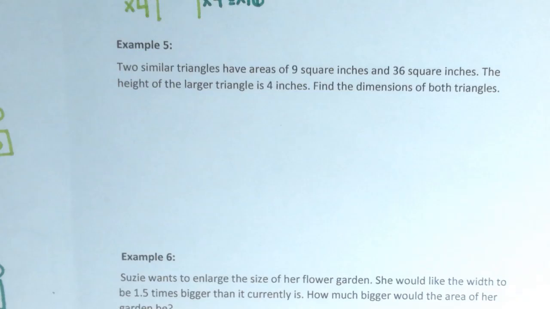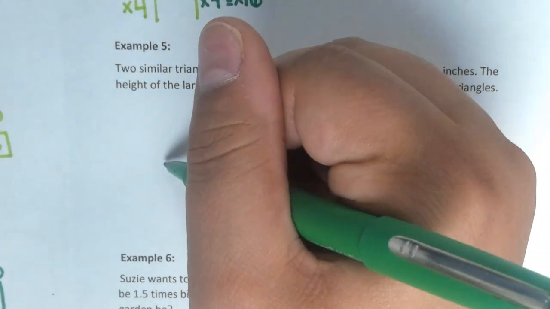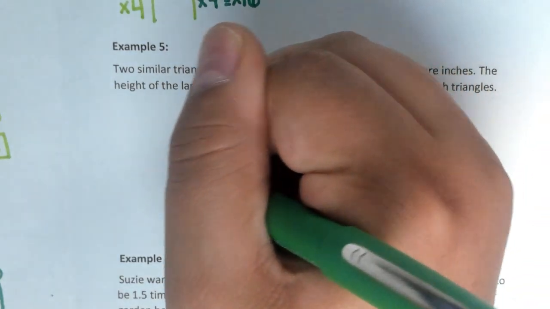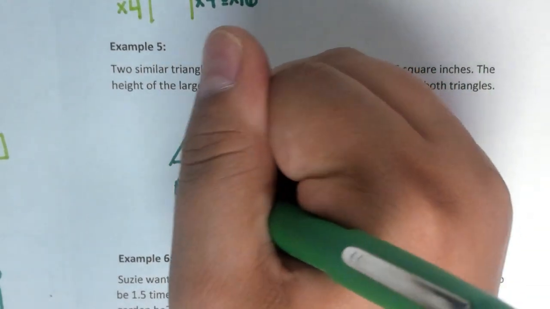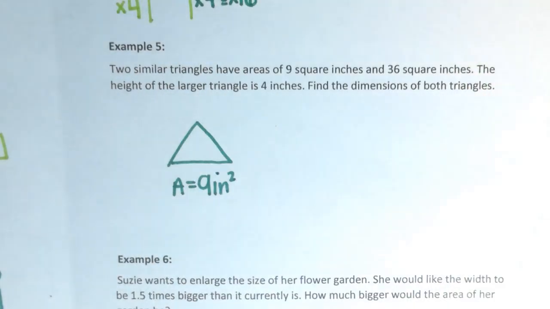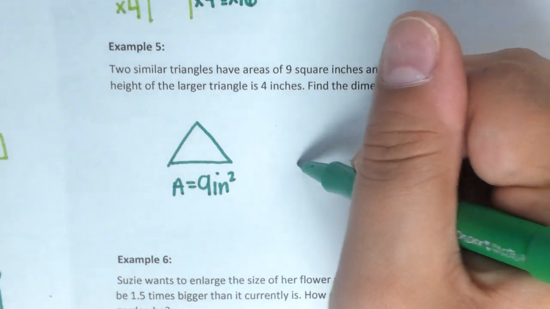Okay. Two similar triangles have areas of 9 inches squared and 36 inches squared. So here's my first triangle, my area is 9 inches squared.